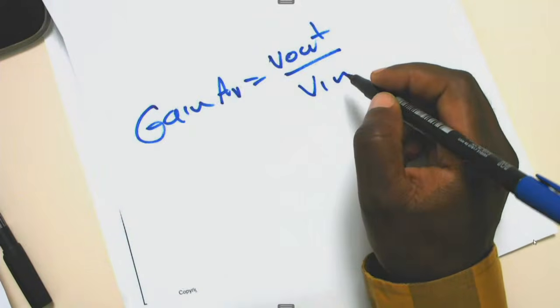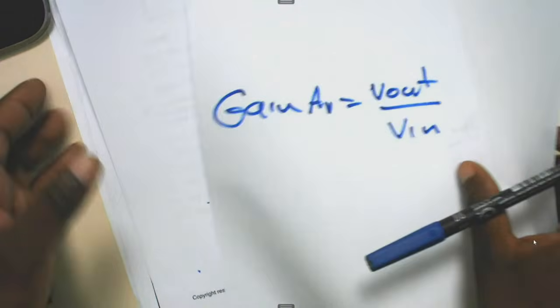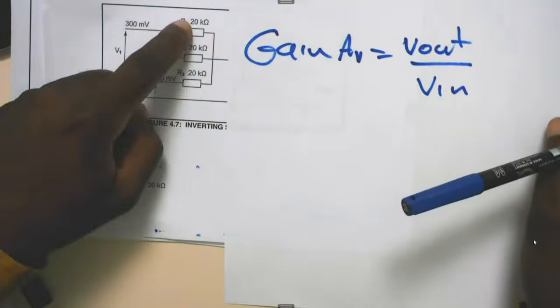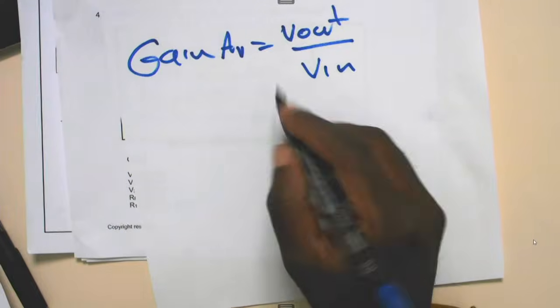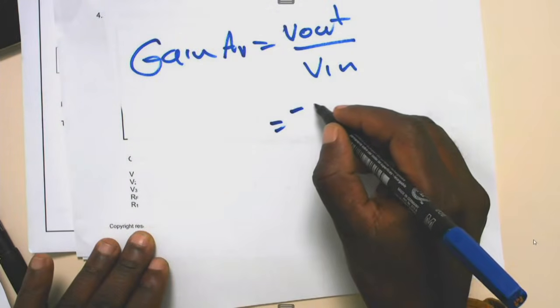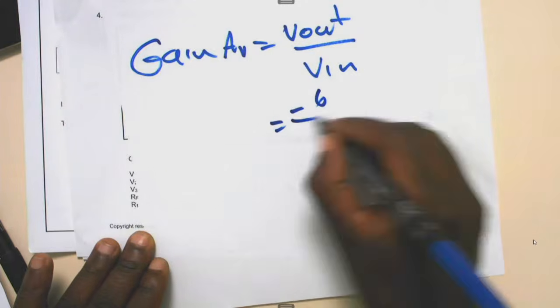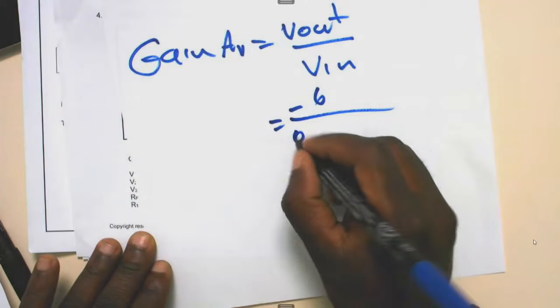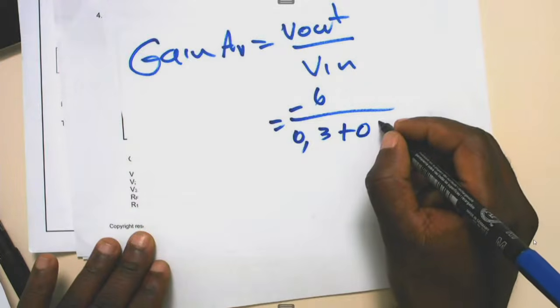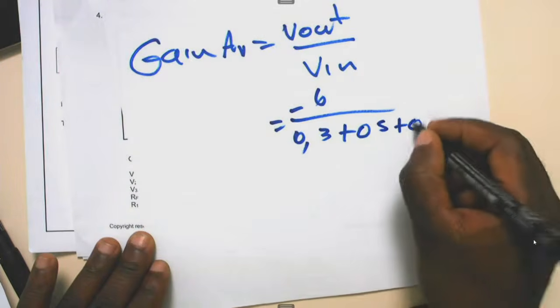So going back to the circuit, we've got these three input voltages, so we've got to add them. So in here we've got -6 over 0.3 plus 0.5 plus 0.4.